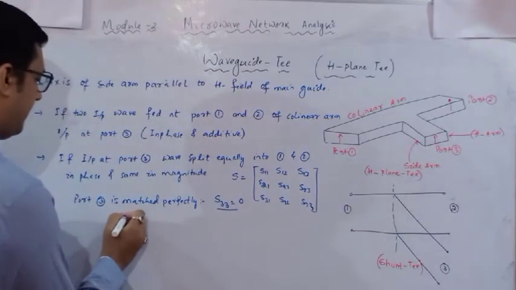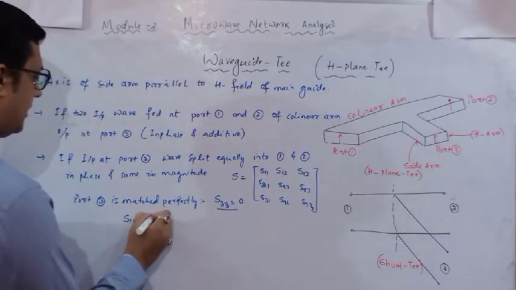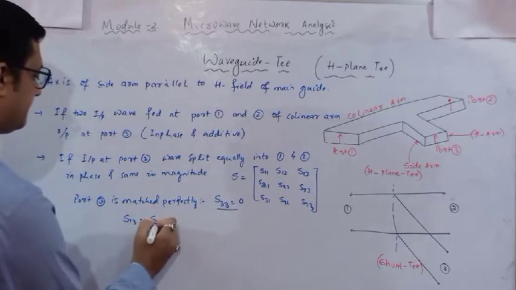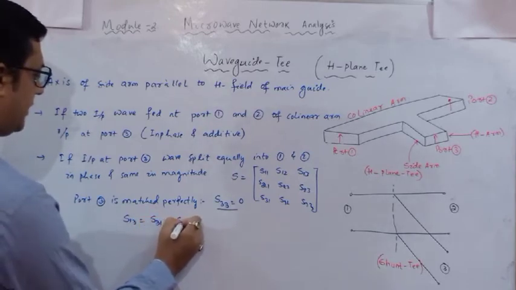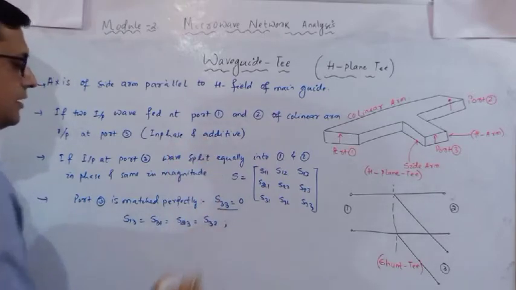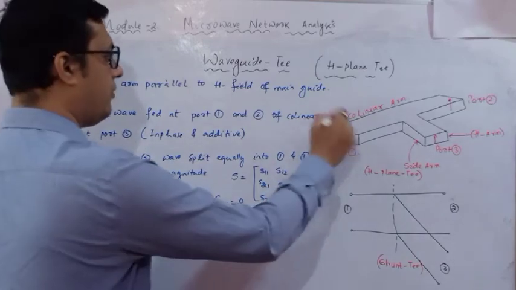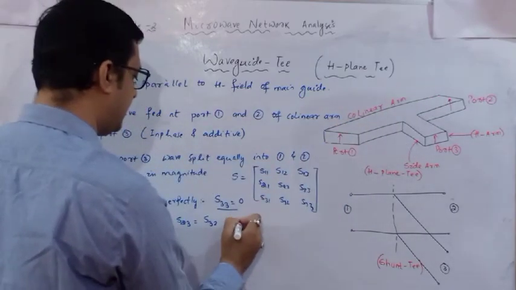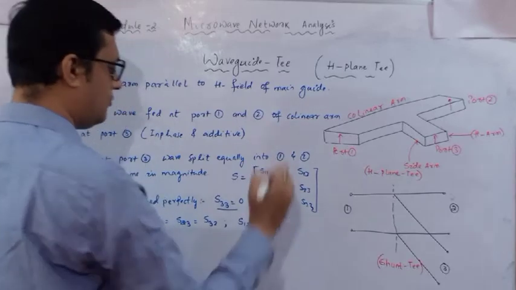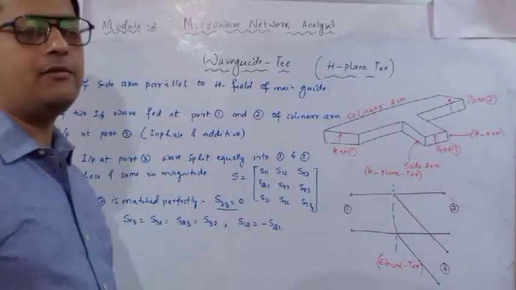So here what will happen? S13 is equal to S31, then S23 is equal to S32, and one more relationship: for port 1 and port 2, S12 is equal to minus S21. But in E plane, what happens?